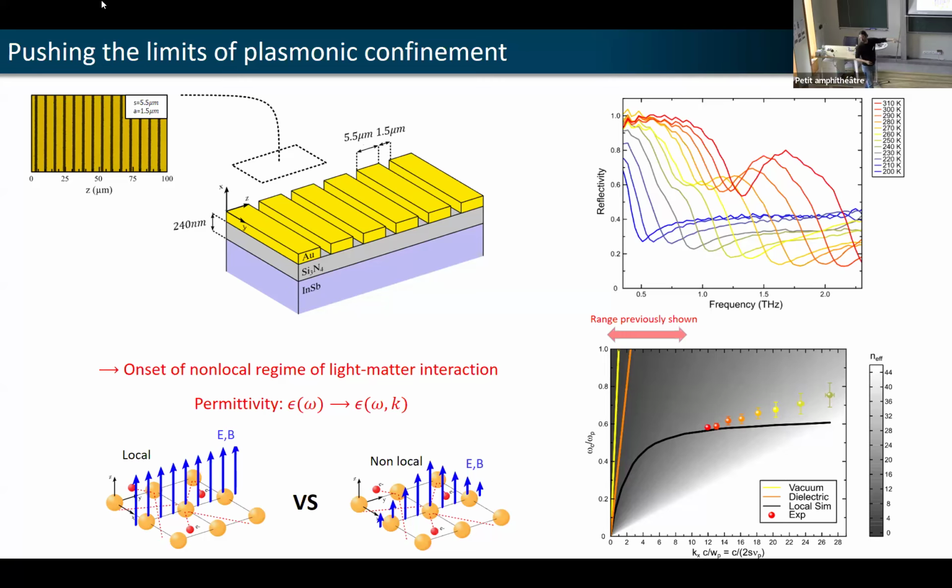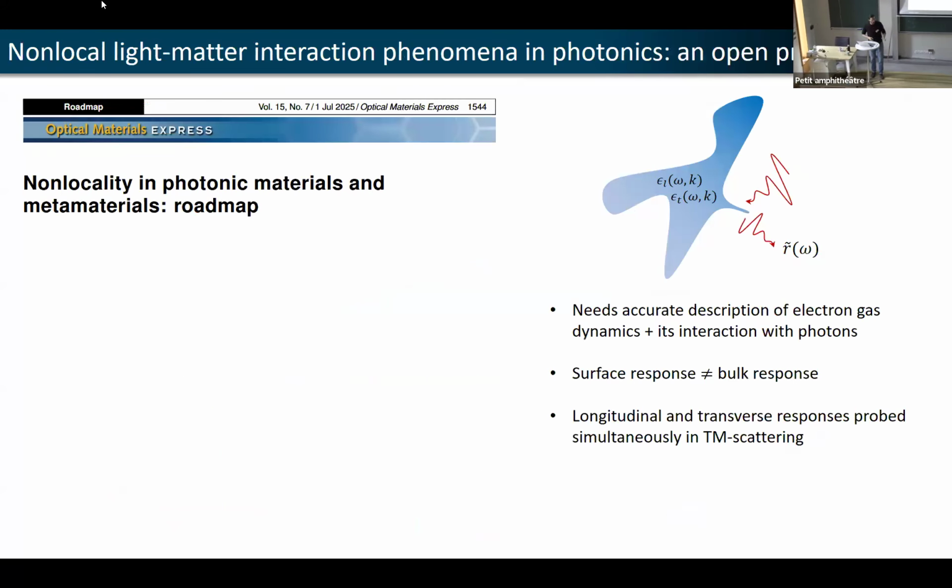It would mean that you can squeeze a photon to a point. Of course, that cannot be possible. At some point, this photon will start to see another length scale in your electron gas. And this is when you will start to manifest non-local phenomena.